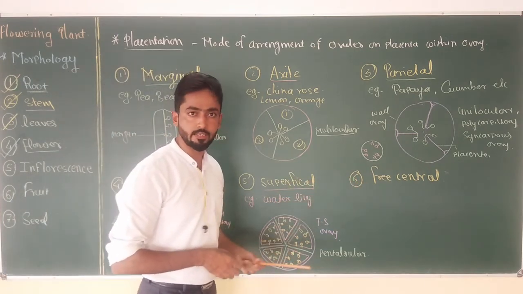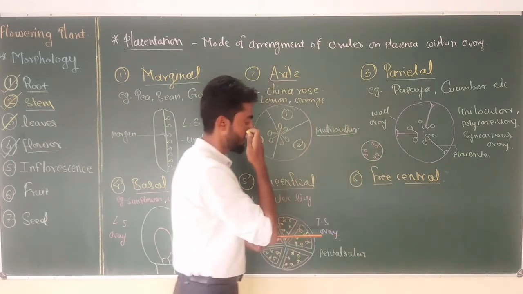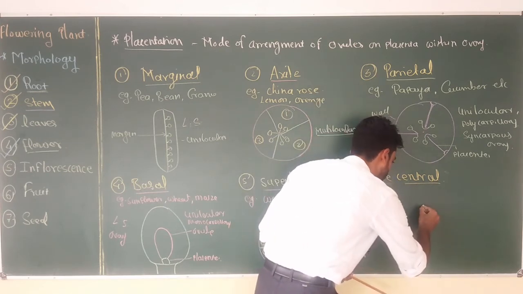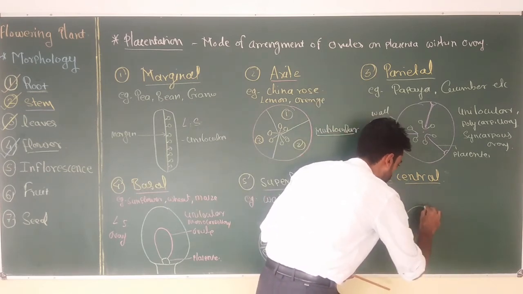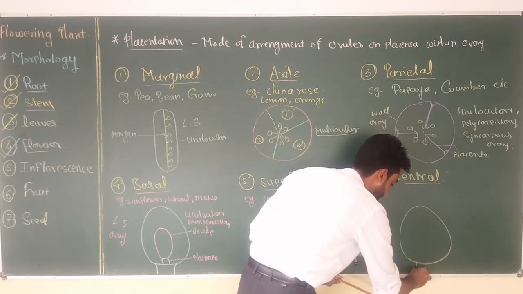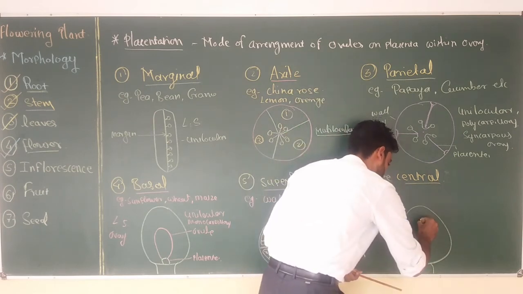The last type of placentation is free central type of placentation. In this type you can find the ovary with placenta like this.